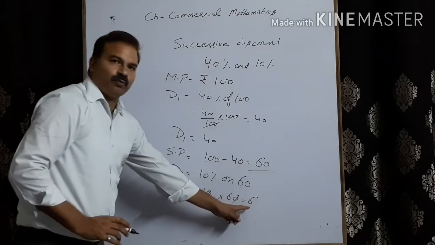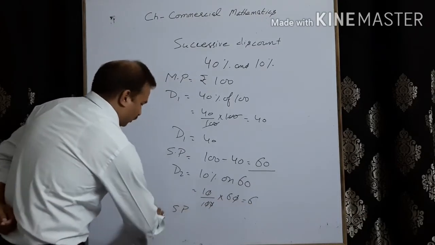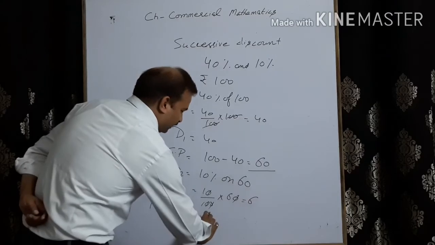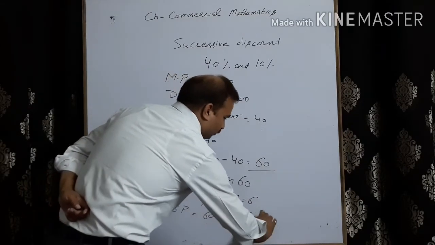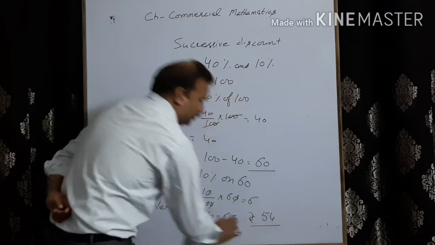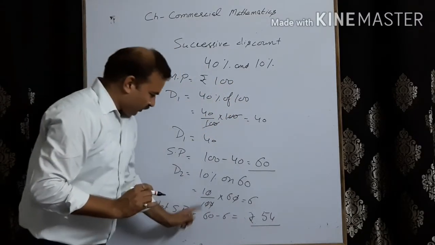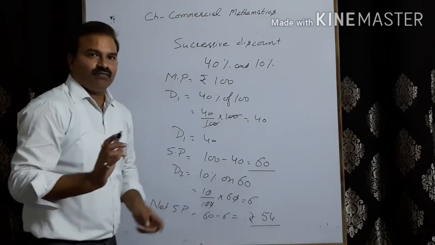That is a discount of rupees 6. So what is the selling price? Or I'll write net selling price is 60 minus 6 is equal to rupees 54. Okay. So the net selling price is rupees 54.